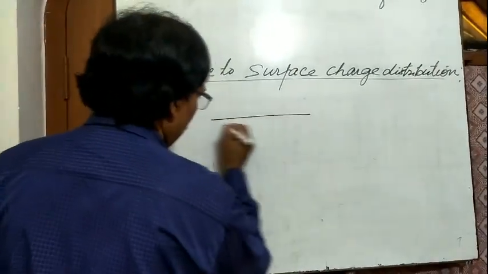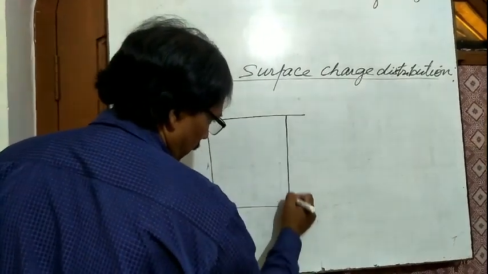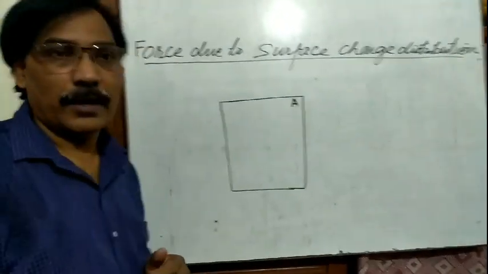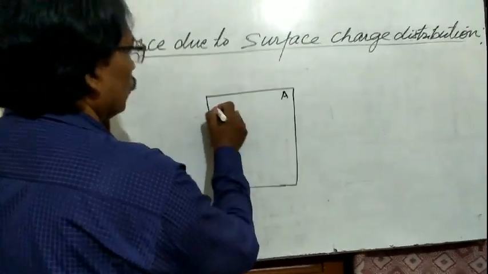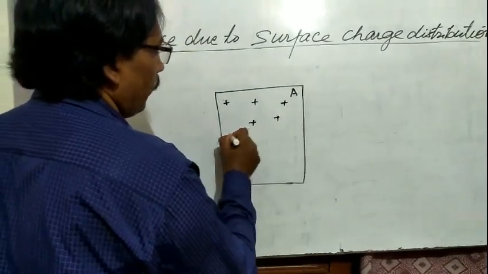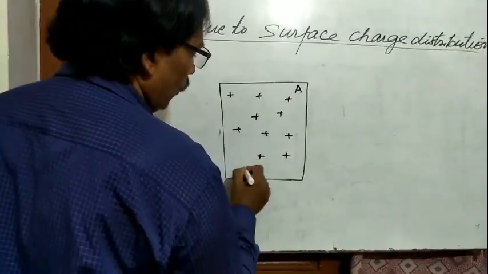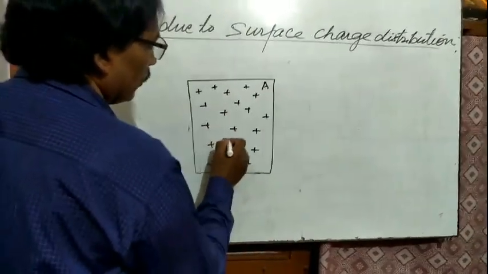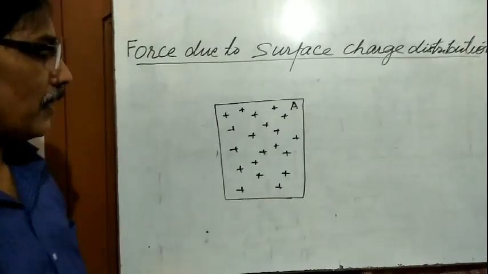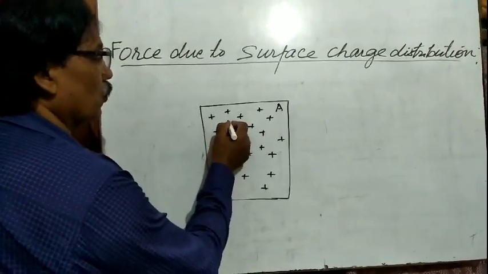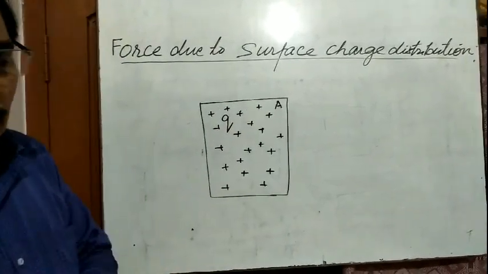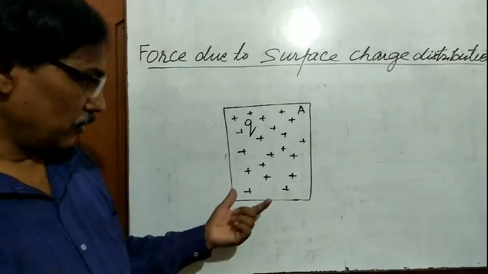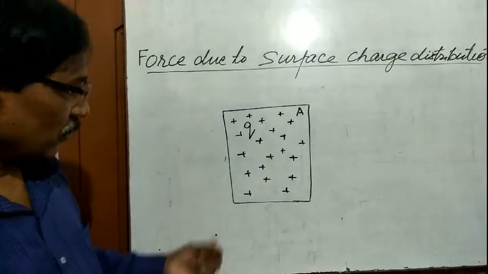There is a sheet, and this sheet has area A. Charge is distributed in this area, you can take either positive or negative, any type of charge. Q charge is distributed uniformly in area A. It is two-dimensional, the length and breadth are both here. It is a sheet.